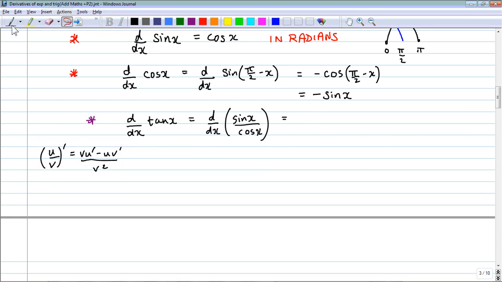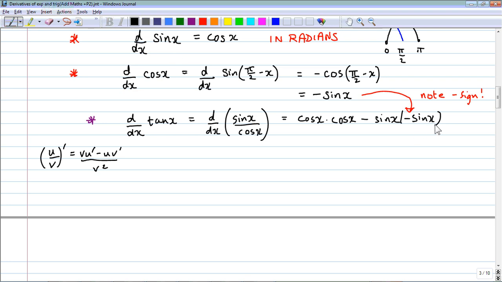So this is equal to cos x, that's v, times u derivative, that's cos x, minus u, that's sin x, times v derivative, that's minus sin x, using this formula up here. Note this minus sign, very important. Derivative of cos x is minus sin x.